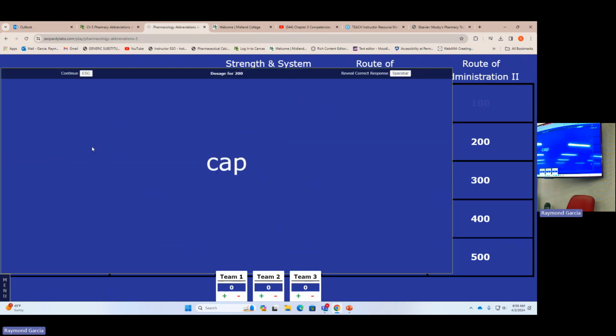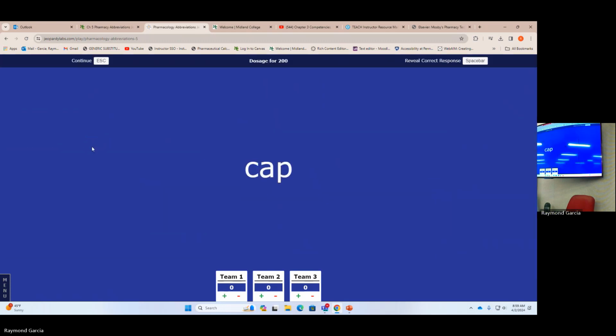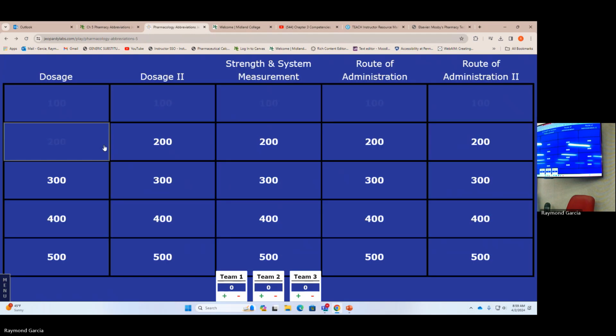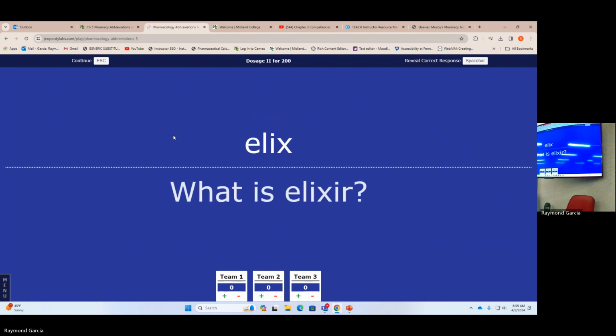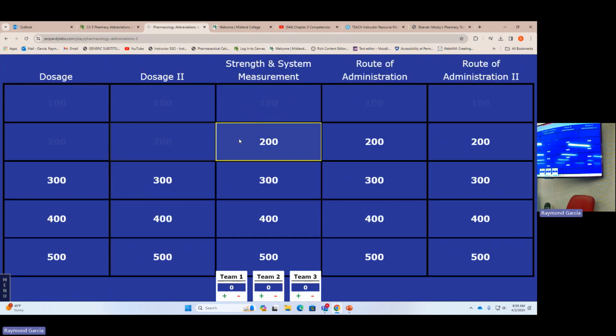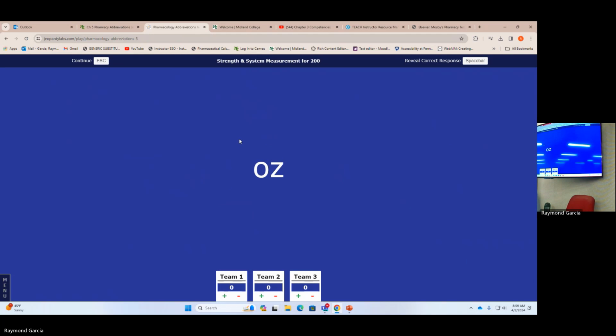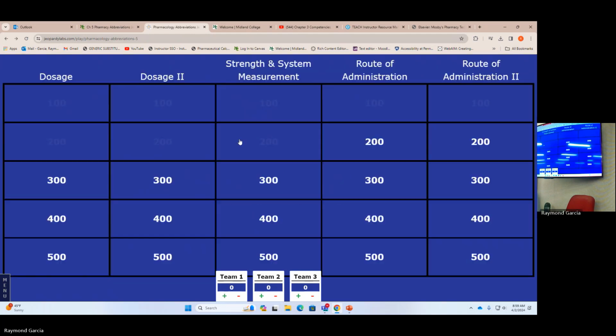Second round, here we go. CAP, capsule. ELIX, elixir. OZ, ounce.